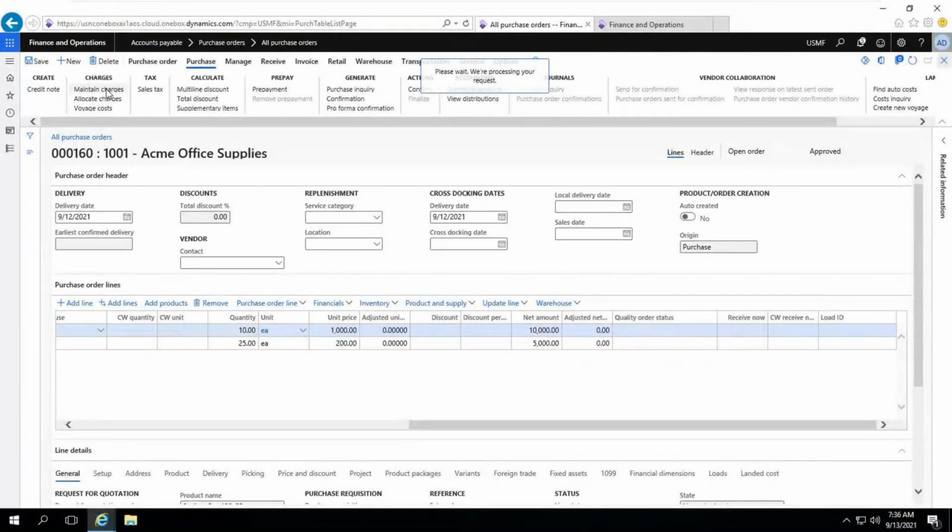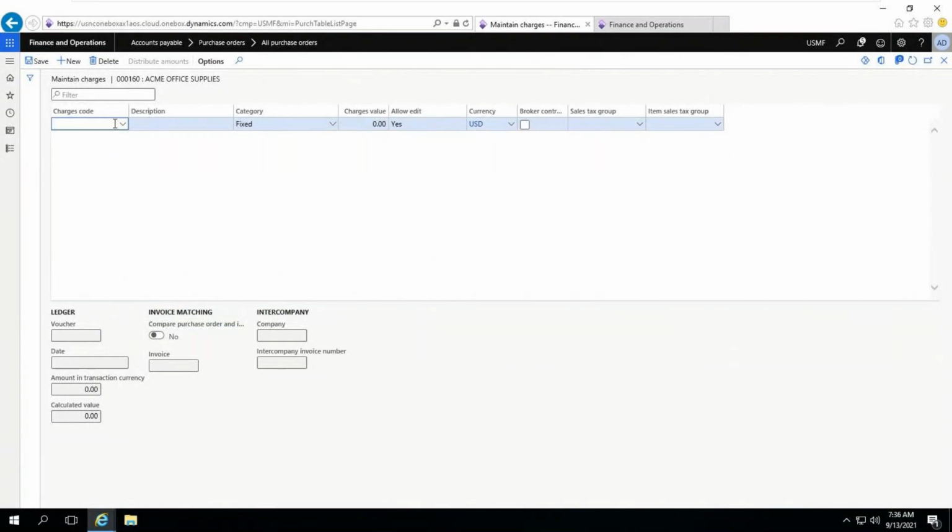In your system this voyage cost will not come, because this is related to the landed cost module. If landed cost is there, then it will show voyage. So let me select freight charges.